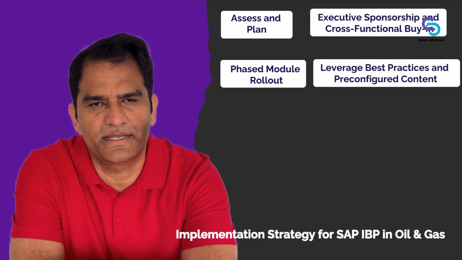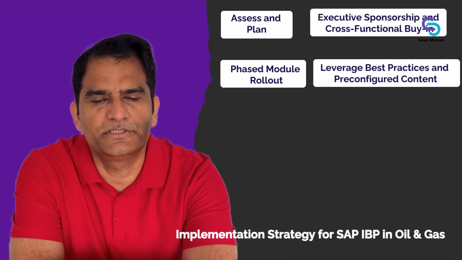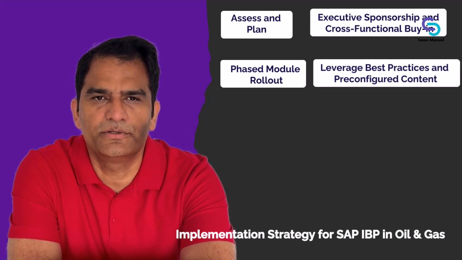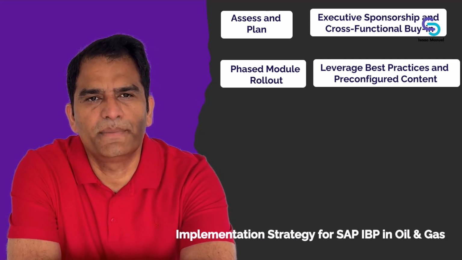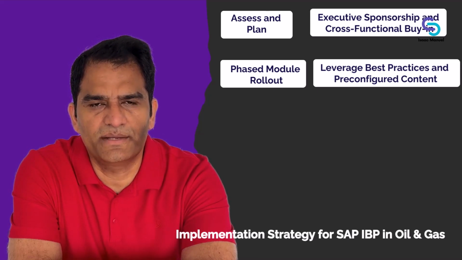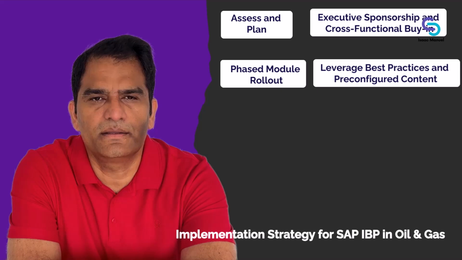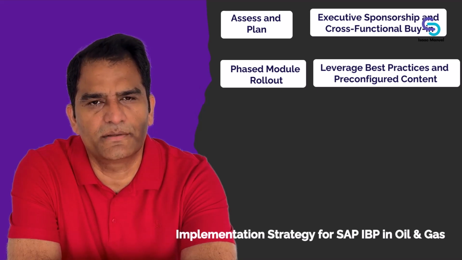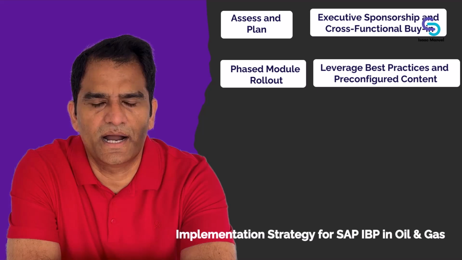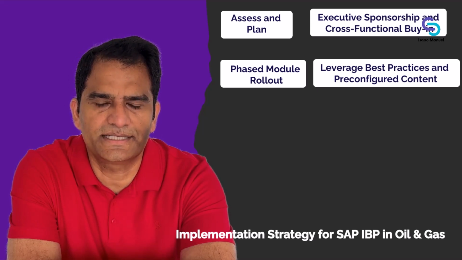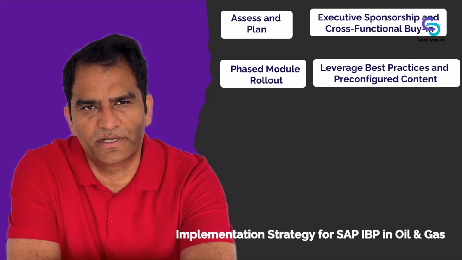After that is leverage best practices and pre-configured content. SAP provides best practice templates for IBP planning views, key figures, algorithms, and dashboards that can accelerate implementation. Oil and gas companies should consider using the standard IBP best practices, as these contain industry-appropriate configurations.